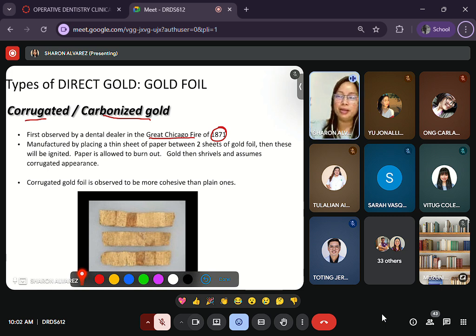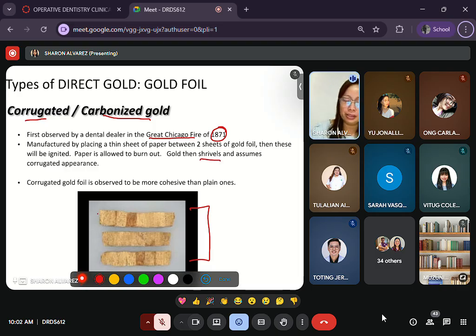So while the clinics were burning, the gold that was kept by the dentists also burned. And after the fire had stopped, they noticed the gold had become shriveled. It became corrugated.